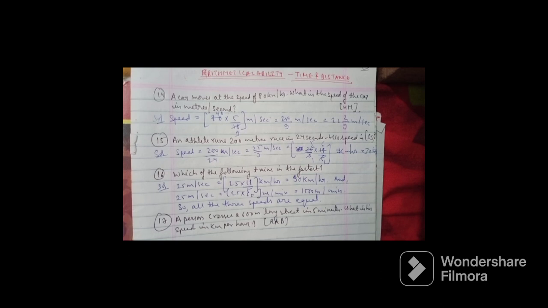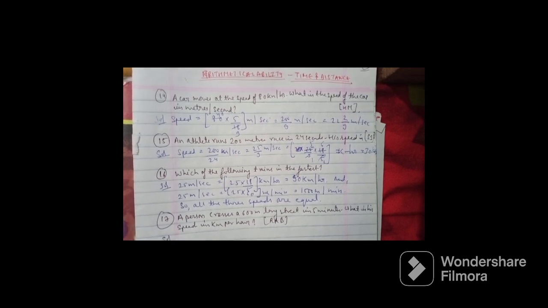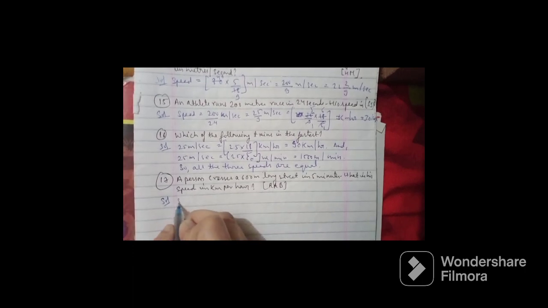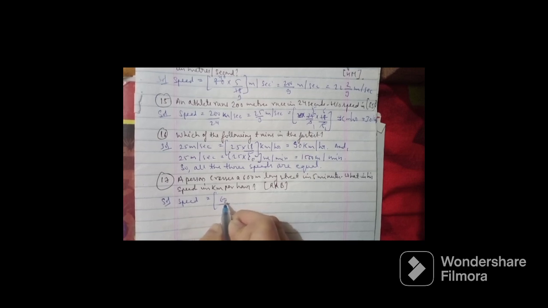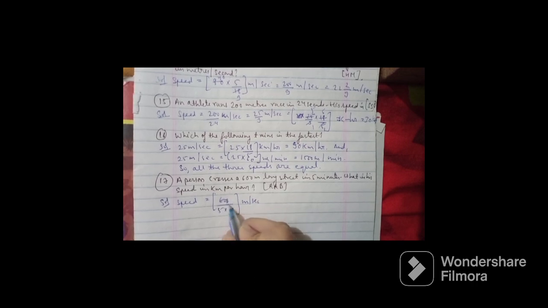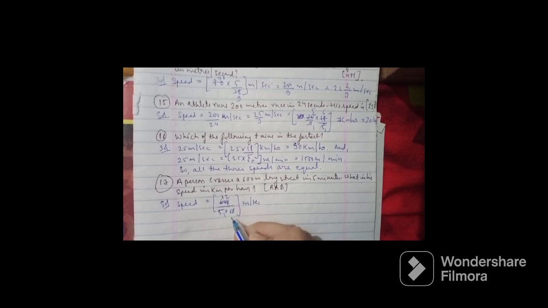So here we go. Speed equals 600 upon 5 into 60 meter per second. 0 and 0 cancel. 5 ones are 5, 5 twos are 10. 6 ones are 6, 6 twos are 12.